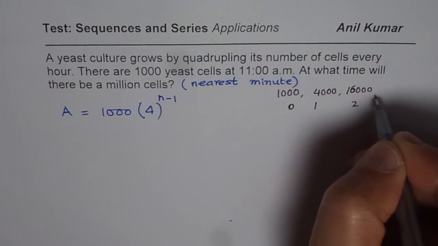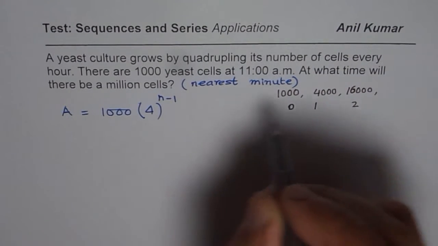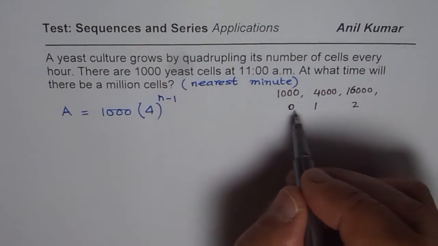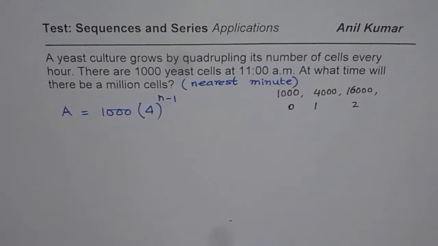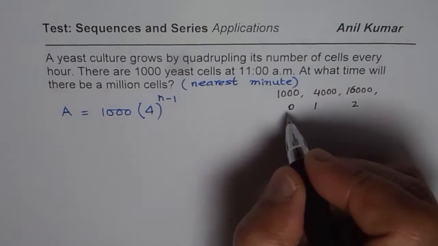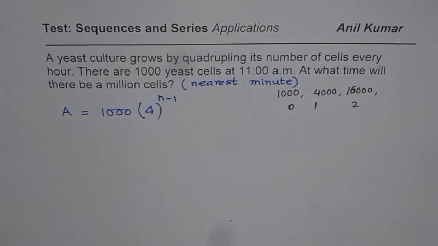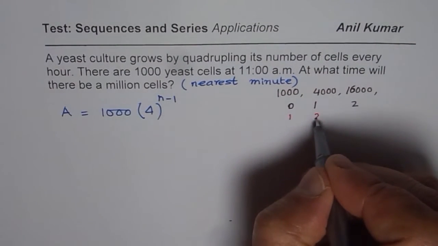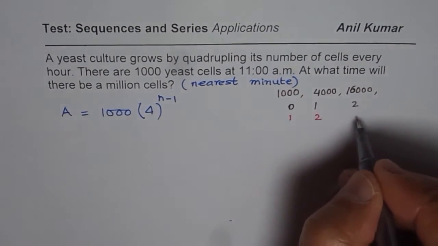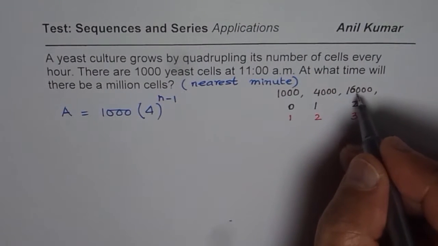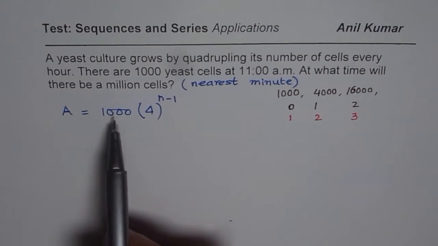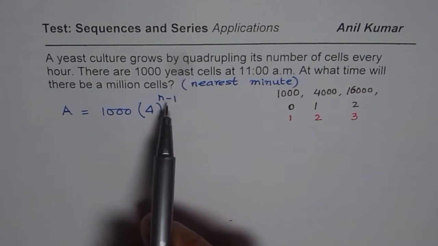So the number gets multiplied by 4 every hour. But as far as the term number goes, the first term is 1000, second term is 4000, third term will be 16,000. So this formula, 1000 times 4 to the power of n minus 1 works.